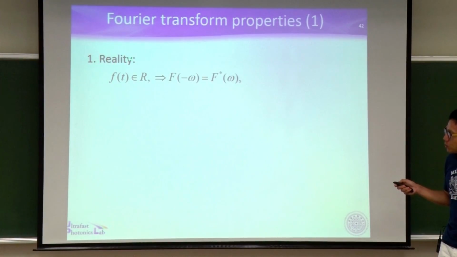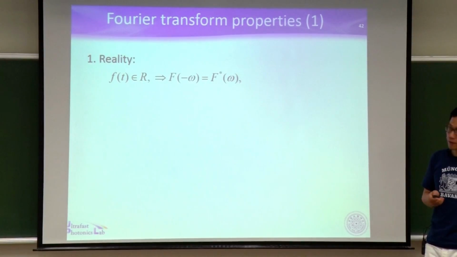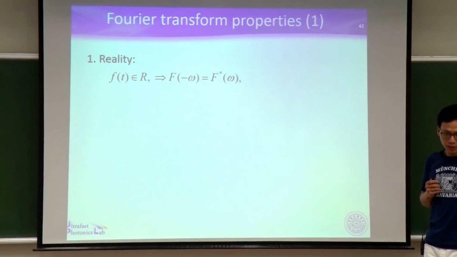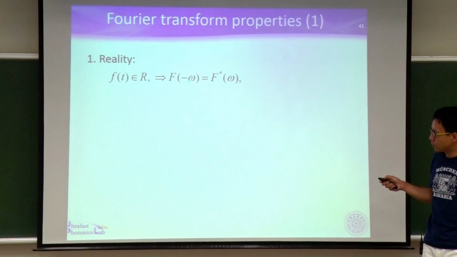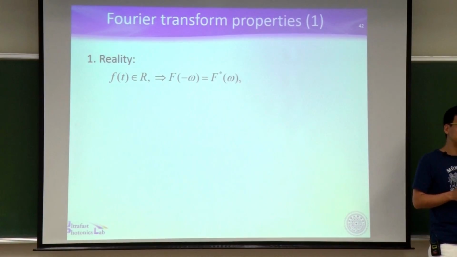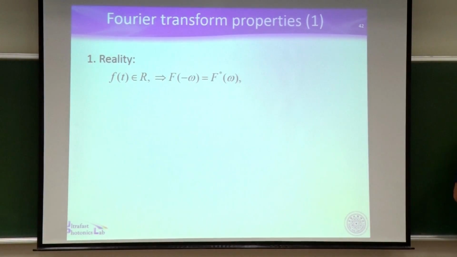If the time domain function is a real function, then the spectral function has to satisfy big F of minus omega equals big F of omega star. Star means complex conjugate. I skip the proof. You can practice by yourself, but this is the result, which can be proven easily.